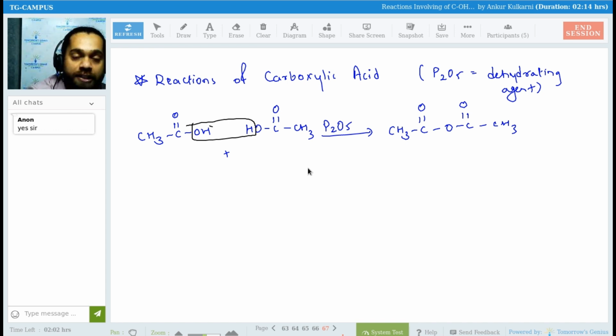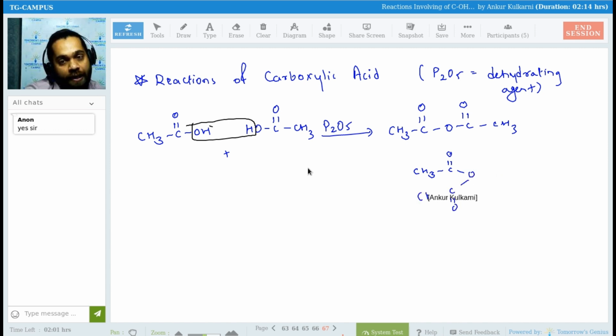This is nothing but your anhydride. It looks like a bullet, but has no relation with a bullet, just to remember. So this is your acetic anhydride.